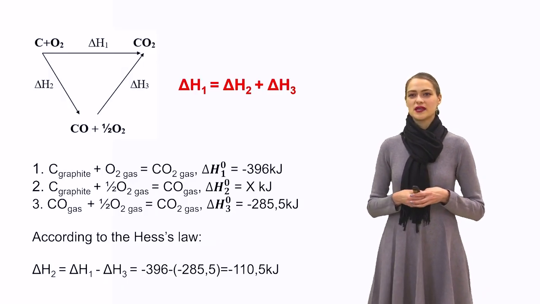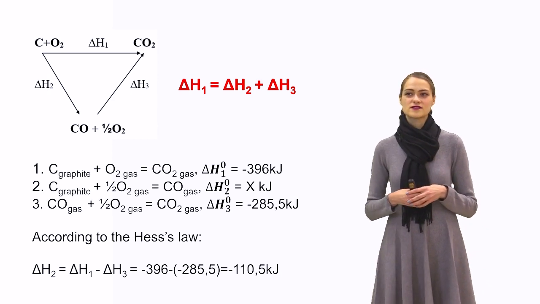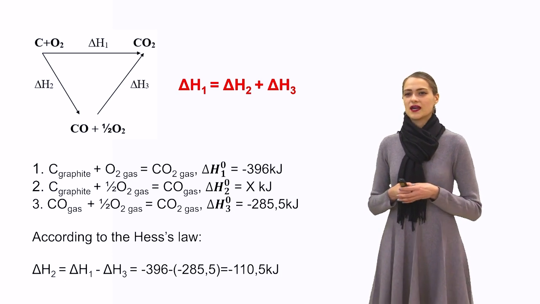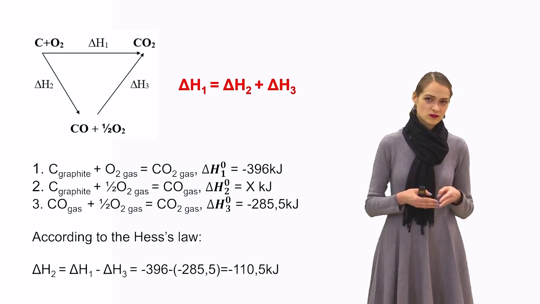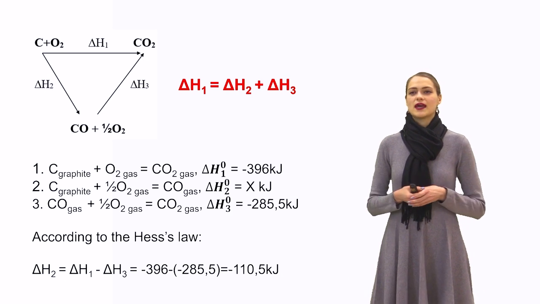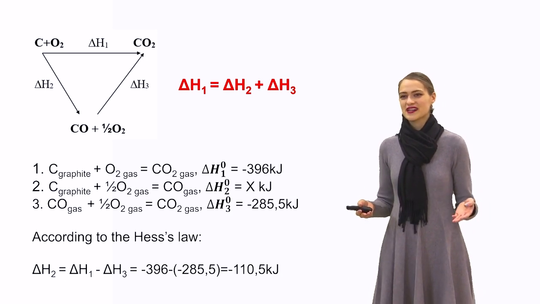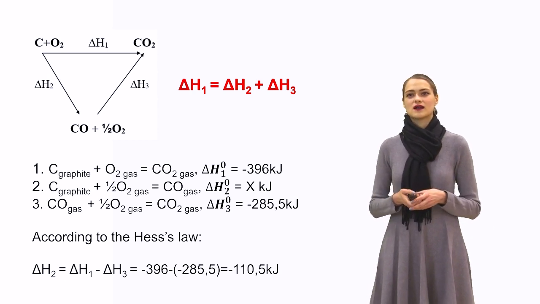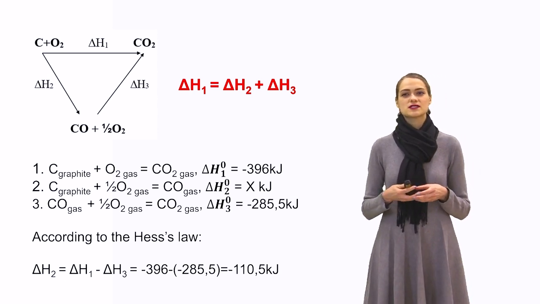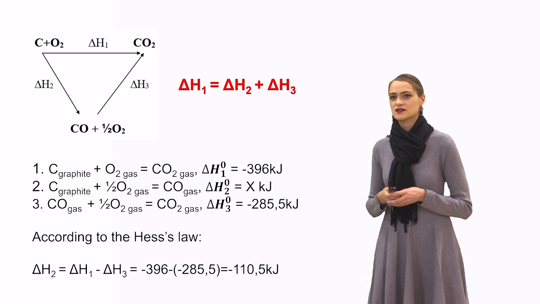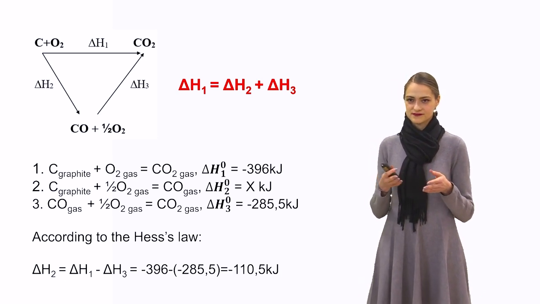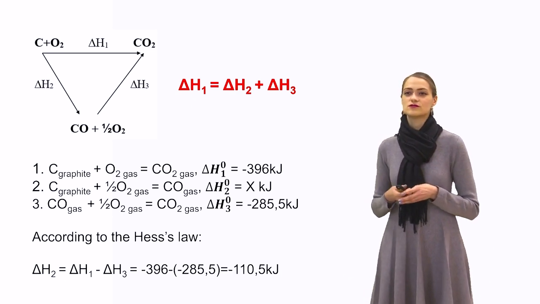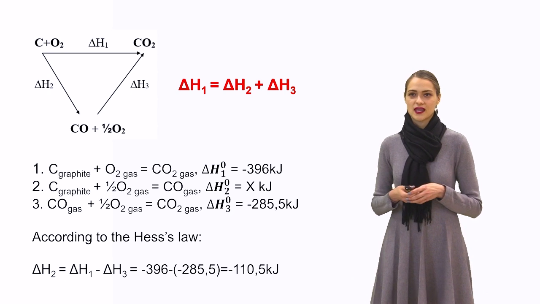As well, we can explain Hess law using the triangle of Hess. For example, we have combustion reaction of carbon, and as we already know, we can produce 2 different oxides. If we have excess of oxygen, we can make CO carbon monoxide and CO2 carbon dioxide.